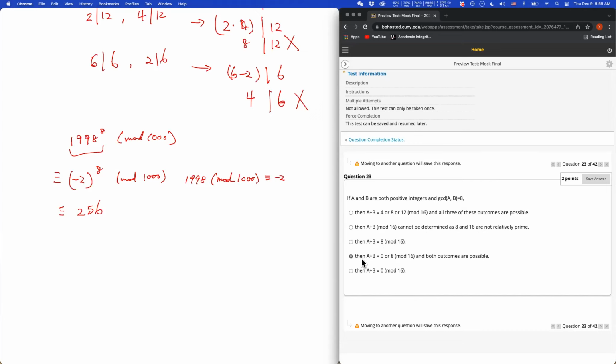So the answer will be A plus B can be congruent to 0 or 8 mod 16, since both outcomes are possible. And that's because their GCD is 8, so they are both multiples of 8. Now, how do you represent a multiple of 8? 0 mod 8. Which of the following is equivalent to 0 mod 8? 0 and 8 mod 16.